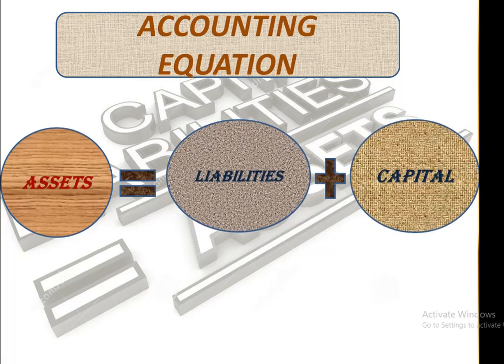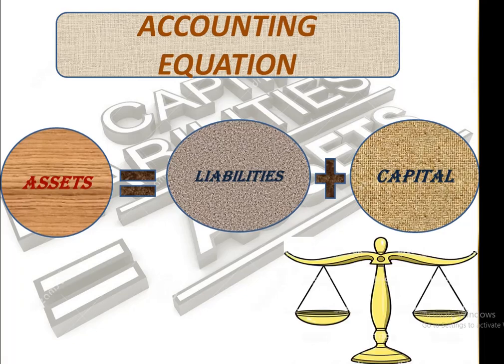I am repeating, an accounting equation is a formula of accounting which shows that the assets of a business are always equal to the total of capital and liabilities. Means assets is equal to liabilities plus capital. I hope it is clear to you.